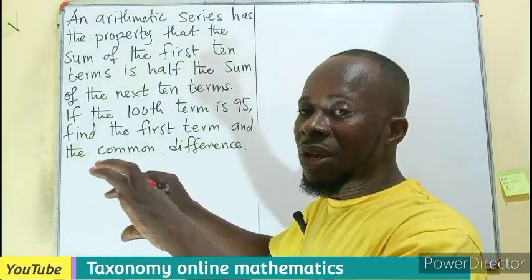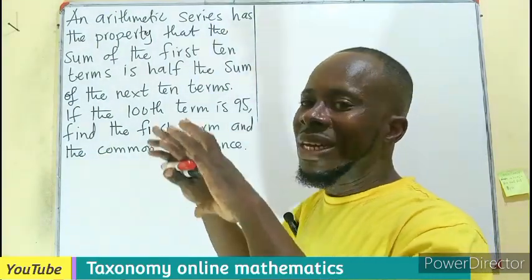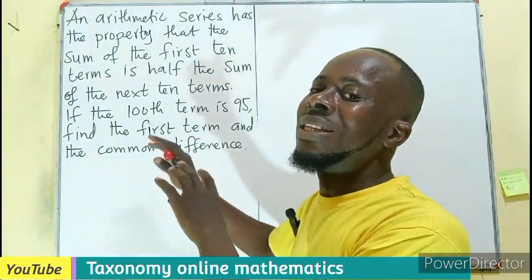Let's pick the information given to us: the sum of the first 10 terms.